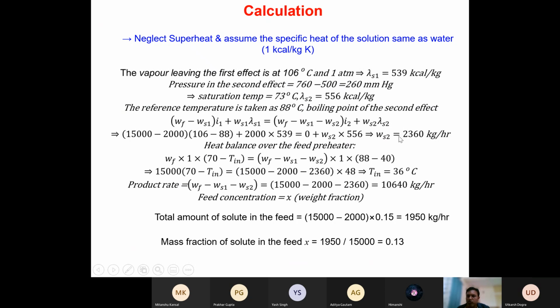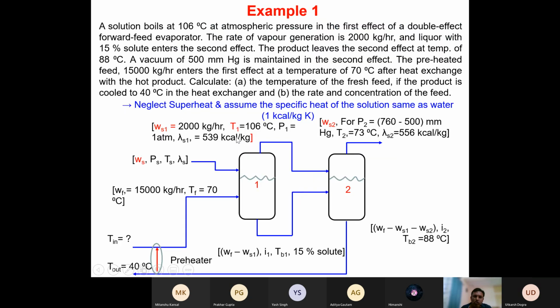Water is what we are using, so for water the Cp value is taken as 1 kilocalorie per kg. So that 1 is used here into dT. Delta T is 106 minus 88, because 88 is the reference temperature.